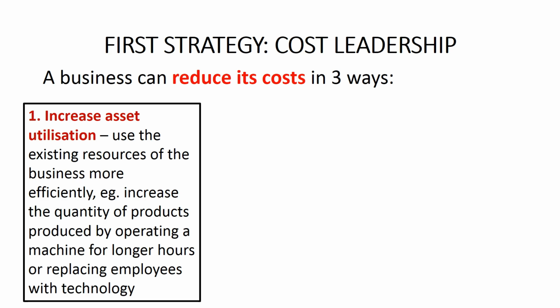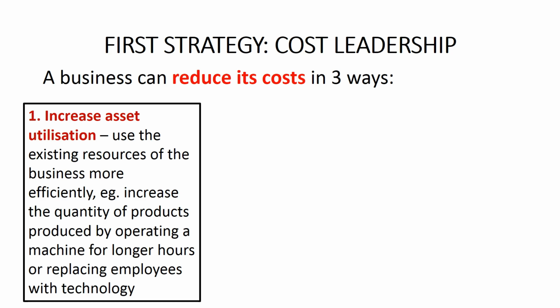For example, if the business uses a machine to produce its products, it could increase the operating hours for that machine. By making the machine operate longer hours, a greater quantity of products can be produced. So we're increasing the use or utilization of that piece of machinery.